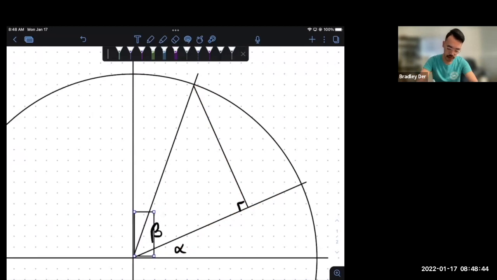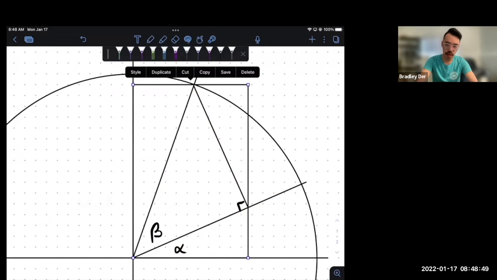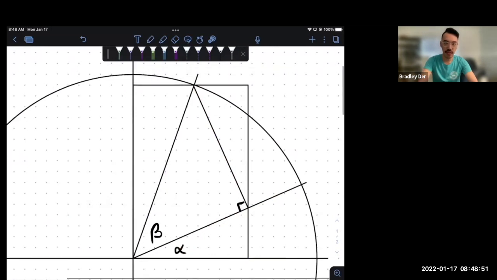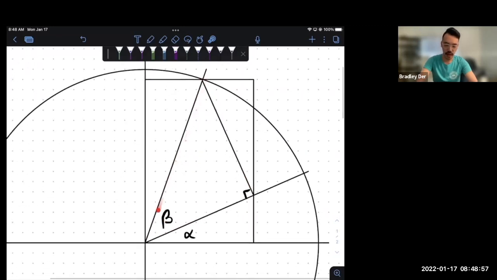I want this rectangle to inscribe this triangle that we've just created. To recap where we've been so far, we had our larger angle that was split into two smaller angles. We dropped an altitude from a point to a line, and then we constructed a rectangle to inscribe this triangle.